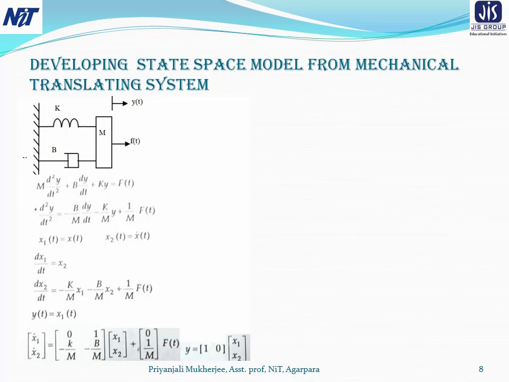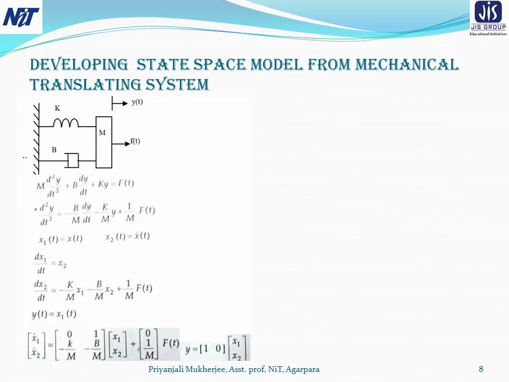So now we are getting these two equations, dx1/dt or x1 dot is equal to x2, and the second equation dx2/dt or x2 dot equal to minus k by m x1 minus b by m x2 plus 1 by m into f of t. Similarly, the output can be written as x1 of t.